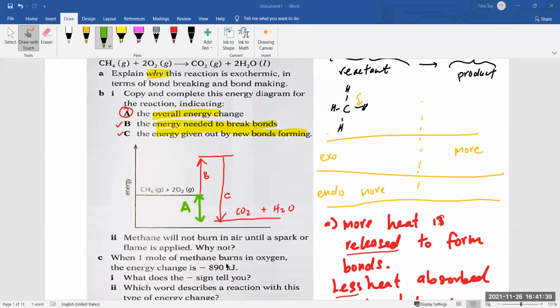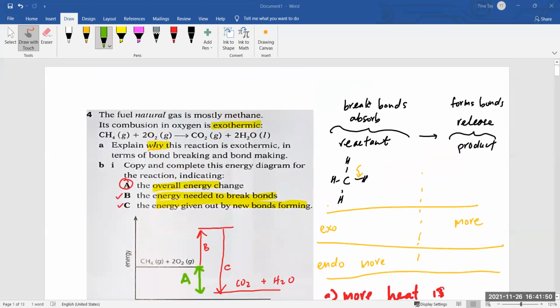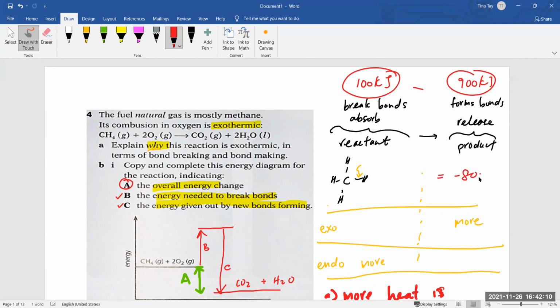Can you explain again? This part, all right, so this shows how much energy is absorbed. Okay, so this is an exothermic reaction, right? So exothermic reaction, we already counted a few times. If this one is 100 kilojoules and this one is 900 kilojoules, let's say, how do we know it's exothermic? We always take the front minus the back. So when we take the front minus the back, we can straight away know it's negative 800.